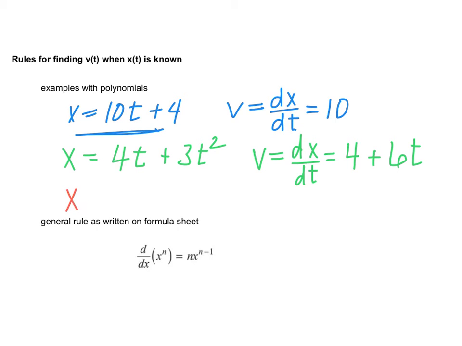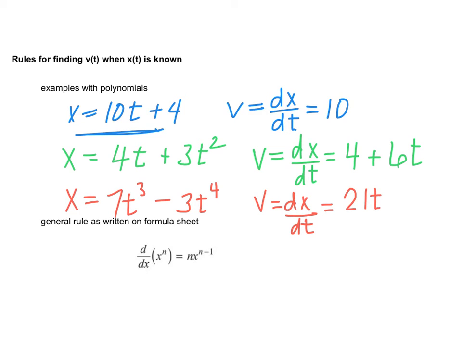If x was 7t cubed minus 3t to the 4th power, then my velocity would be the derivative of that function with respect to time, and it would be 21t squared minus 12t to the 3rd power.